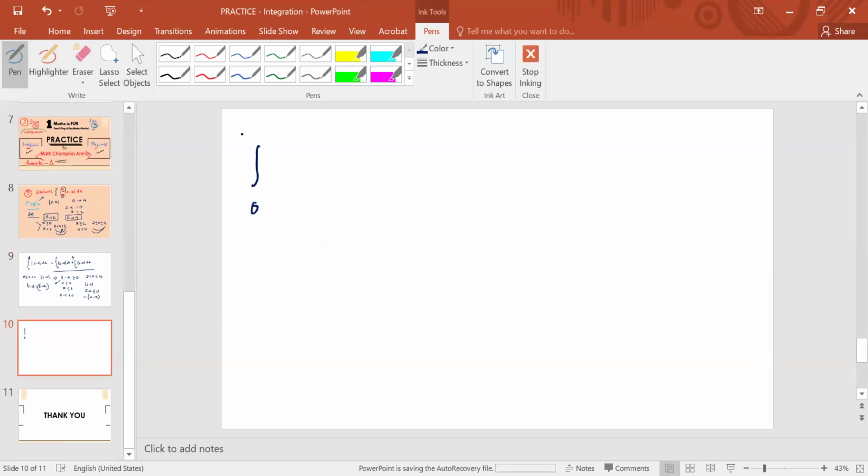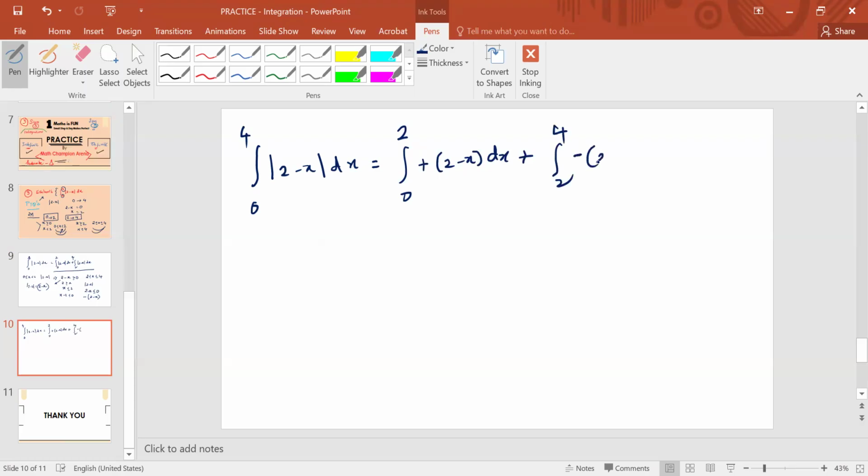So the integral from 0 to 4 of mod 2 minus x dx is equal to the integral from 0 to 2 of plus 2 minus x dx, and the integral from 2 to 4 of minus of 2 minus x dx. So this is now solved. The minus comes out here.